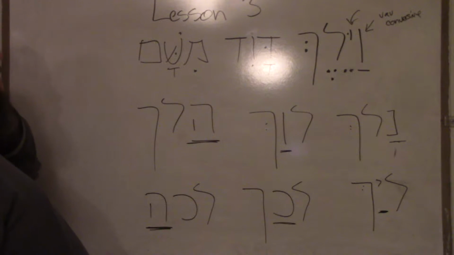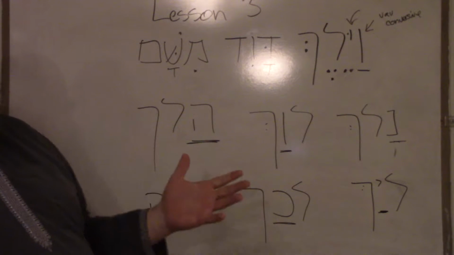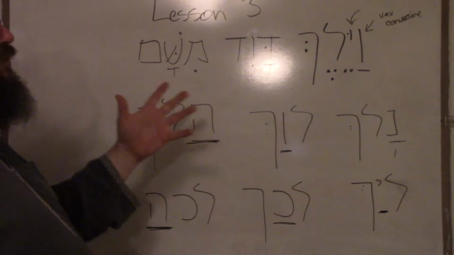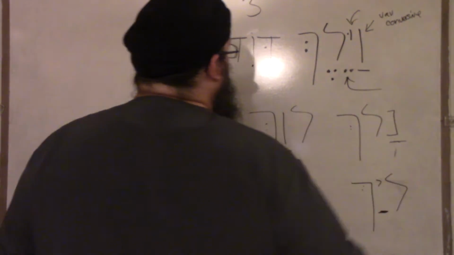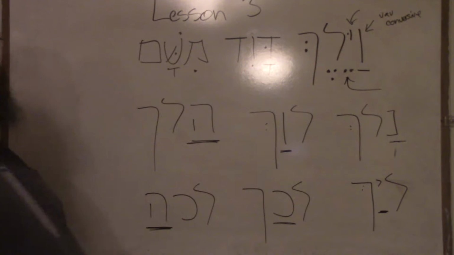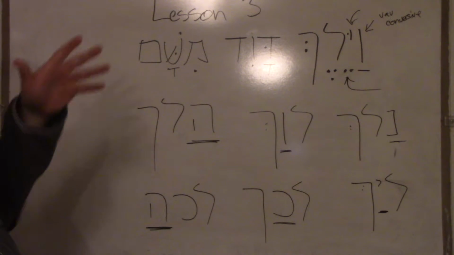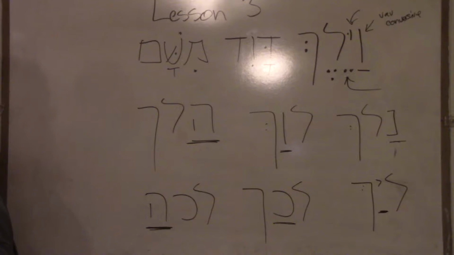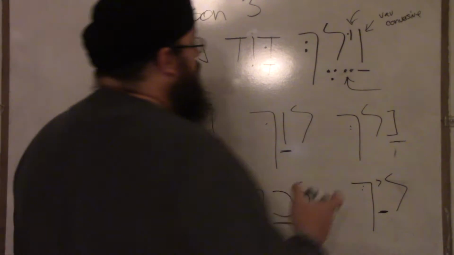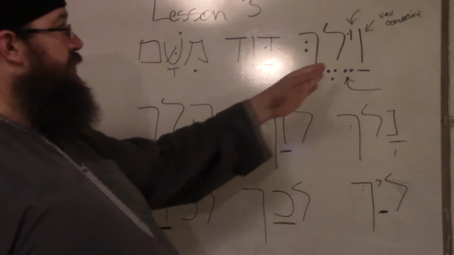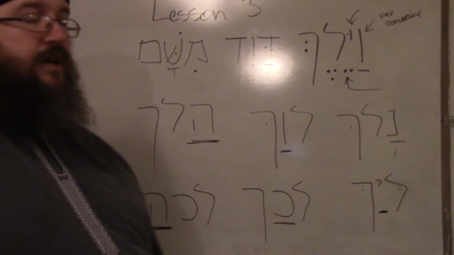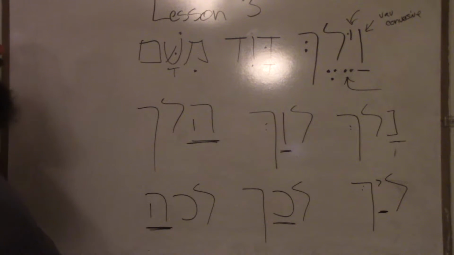Now, one of the other indications we can look for when we're looking for roots is the fact that here, the tzarei is an indication that the root is at the beginning of the actual verb. And so if you see a tzarei, more than likely the root letter missing is the one that belongs in the front of the actual 3-letter root.